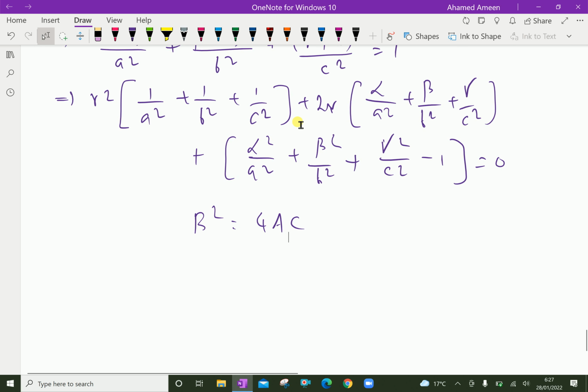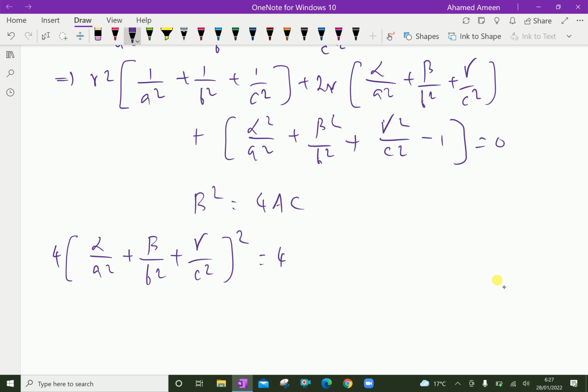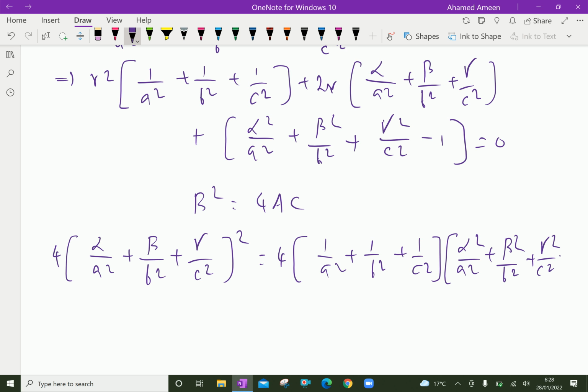Substituting, b is 2 times this, so we get 4 times (alpha over a squared plus beta over b squared plus gamma over c squared) whole squared, equal to 4 times a times c, where a is (1 over a squared plus 1 over b squared plus 1 over c squared), and the c term is alpha squared over a squared plus beta squared over b squared plus gamma squared over c squared minus 1. So now we find the locus.